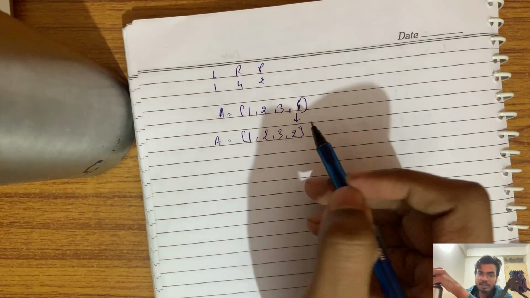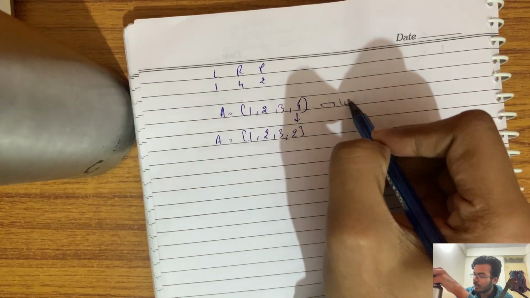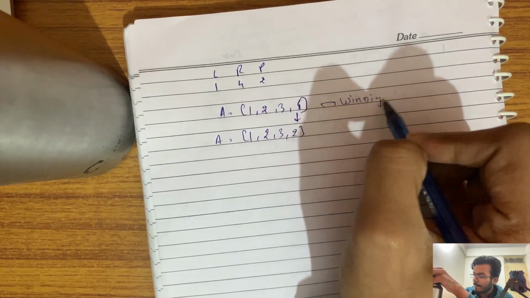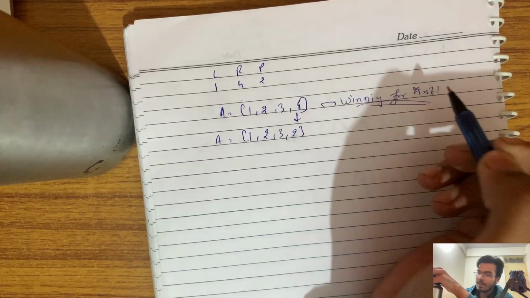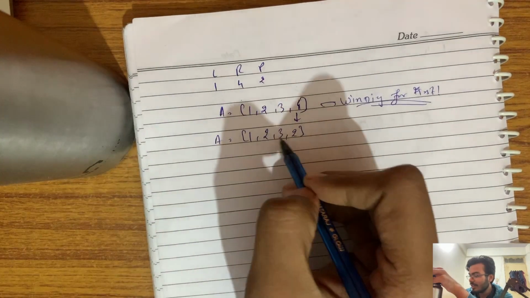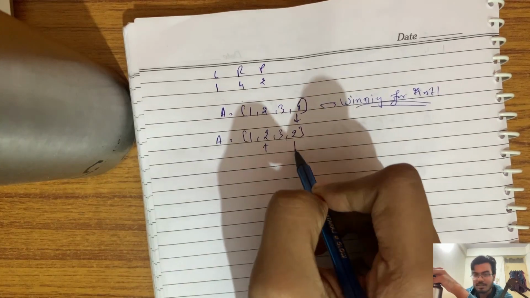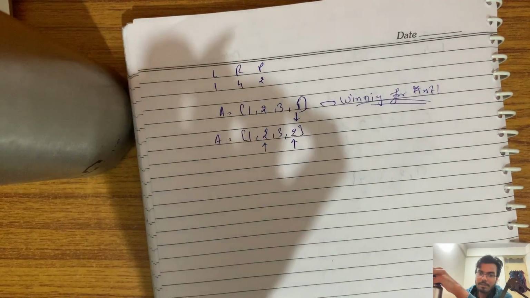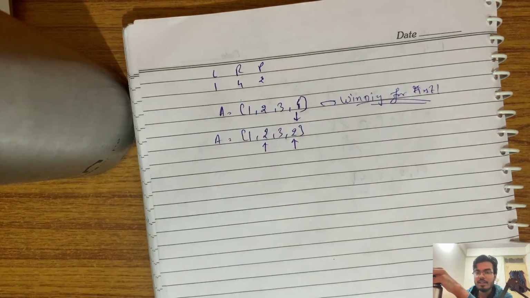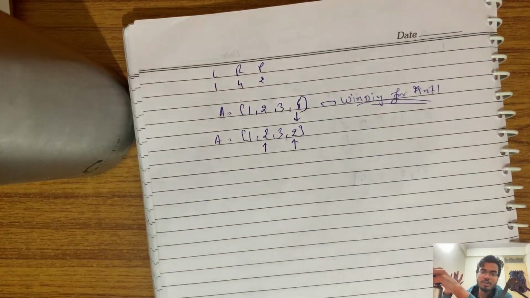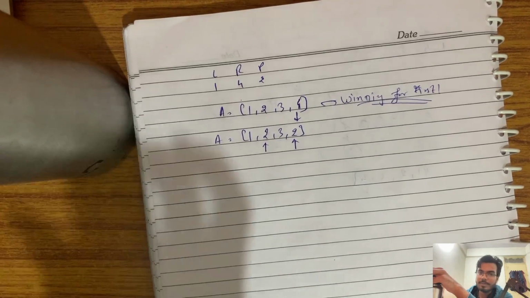This is a losing state for him, and a winning state for the first player. The second player will choose either this 2 or this 2, whichever number he chooses does not matter. The first player will choose the other 2, and the second player is out of moves, so the first player will win.